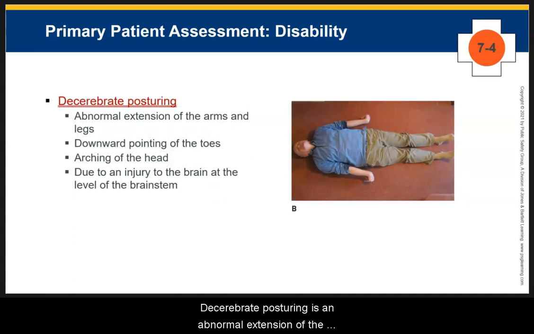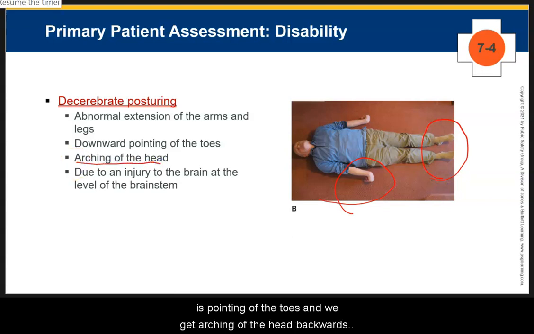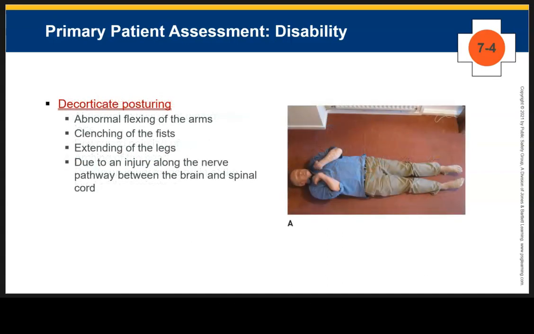Decerebrate posturing is an abnormal extension of the arms and the legs. We get plantar flexion of the feet, that is pointing of the toes, and we get arching of the head backwards. That's due to an injury to the brain at the level of the brainstem. Decorticate posturing is abnormal flexing of the arms.